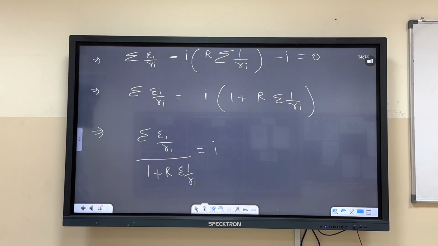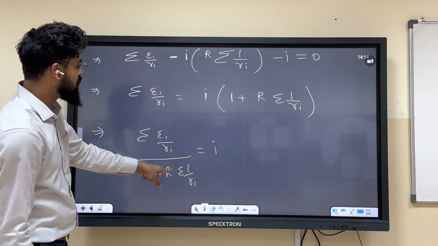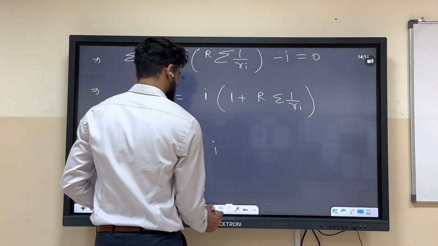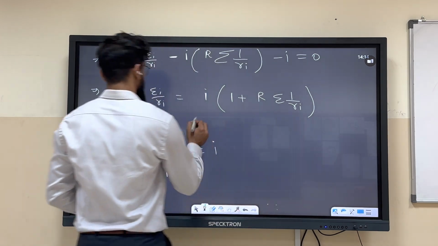Okay? Chalo. Now let's divide this whole thing with 1 upon RI.